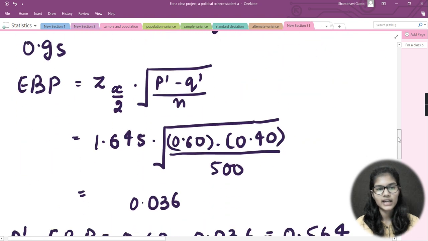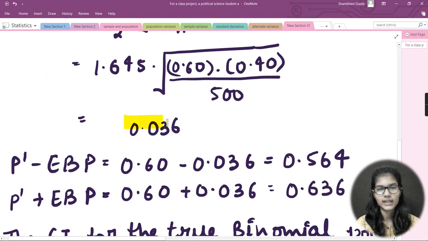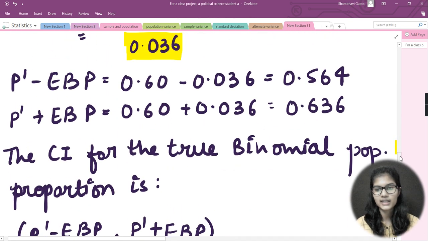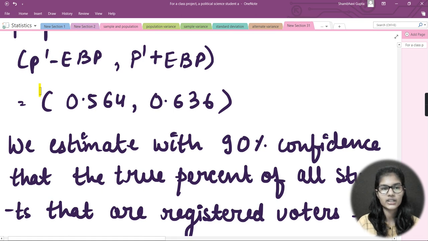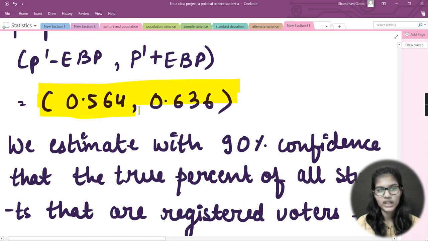Then we found the value for EBP, and that was 0.036, right? Then we found the form, that is P dash minus EBP and P dash plus EBP. So minus EBP was 0.564, and plus EBP was 0.636. These two values. And then finding the confidence interval, we estimated this final result, which was 0.564, 0.636.